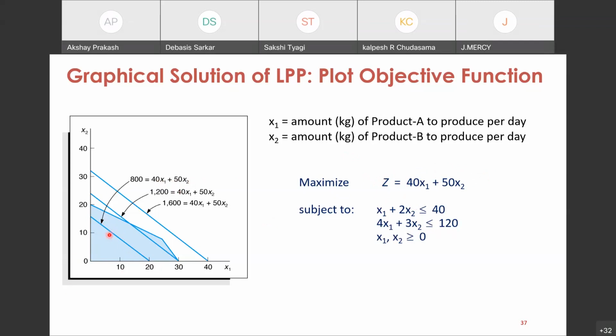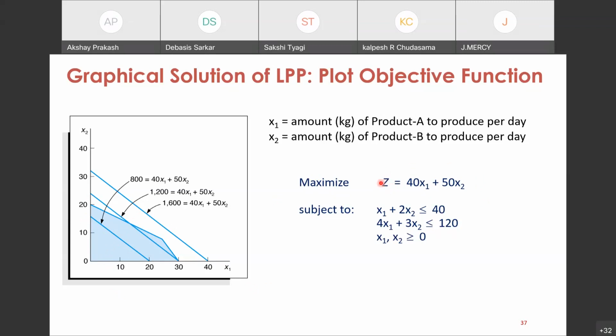Now you just shift this line, and remain parallel to this line. All these lines will represent the objective function line corresponding to different values of z, right?